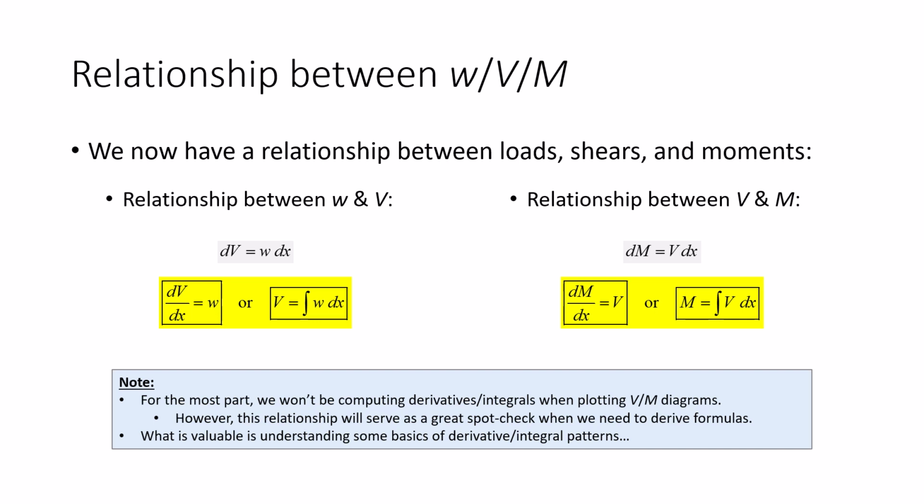Now, I would argue that if you have a really funky load scenario, like a really wavy load or some sinusoidal load on a beam, well then yes, you are going to have to break out the calculus to construct a shear and moment diagram. But we don't deal with that in the real world in engineering. We deal with beams that have concentrated loads, distributed loads.